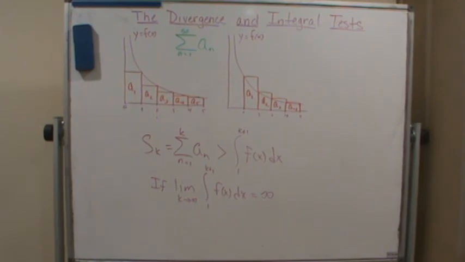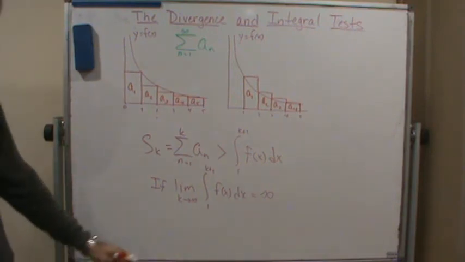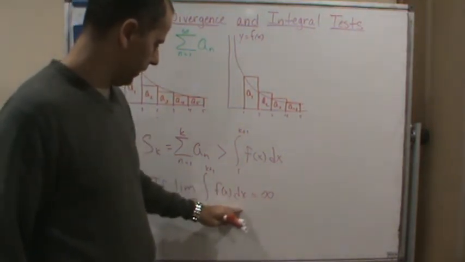Now, since f is a positive function, if the improper integral from 1 to infinity of f of x dx diverges, then we know that the limit is going to equal infinity.